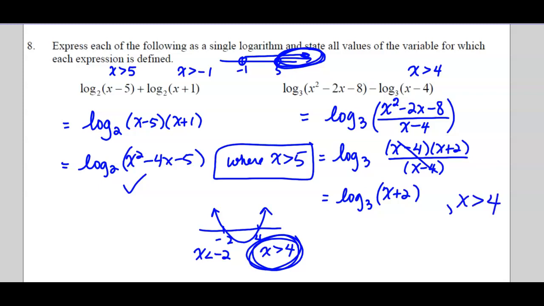If I include this, then that's saying let's choose a value like -3. If I put -3 in here, it's going to be okay, but if I put it in here, it's not going to be okay. And just one other thing I want to show you on this one is maybe you decide, oh, I'm going to factor that right away.